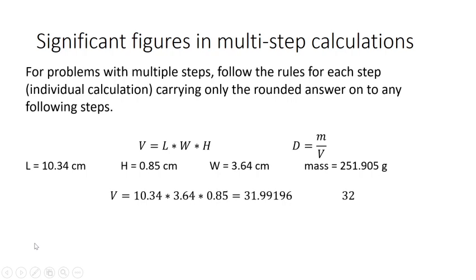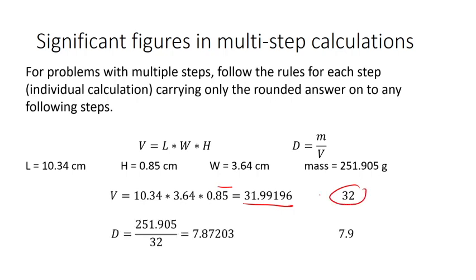So our volume, lowest number of significant digits is 2 right there. So we get our answer from multiplying these all together. Then we round to a volume of 32. We then carry that 32 on to our next calculation, which gives us only 2 significant digits right there.